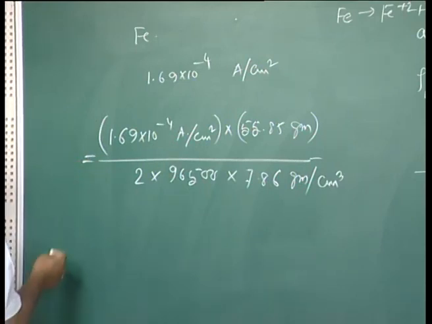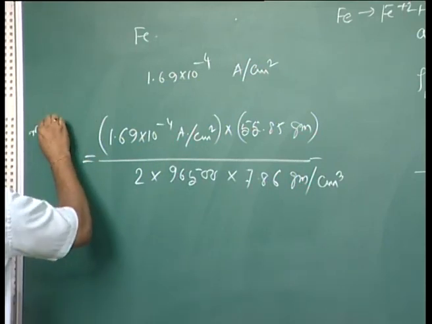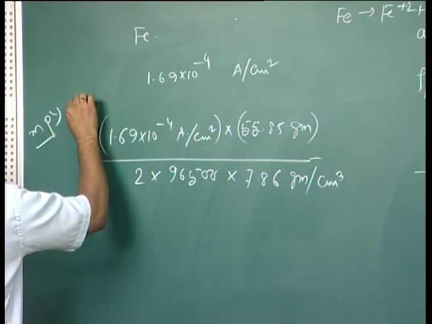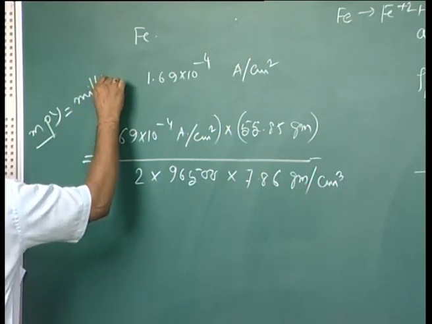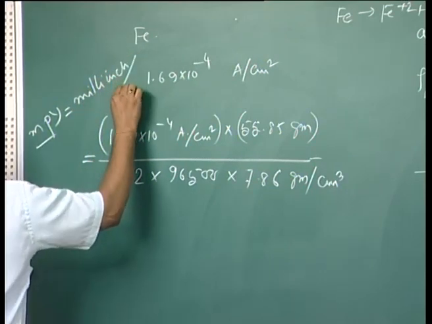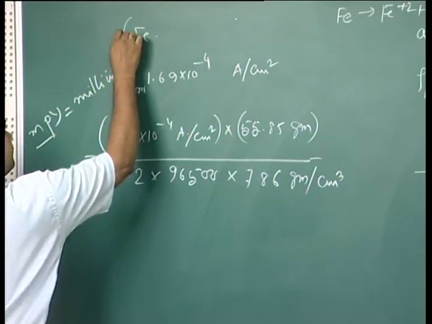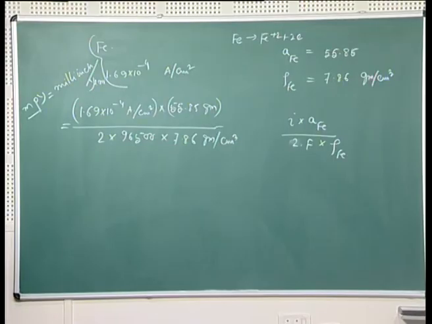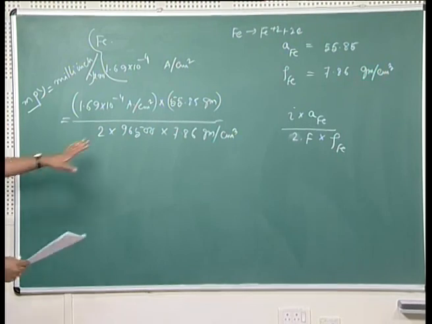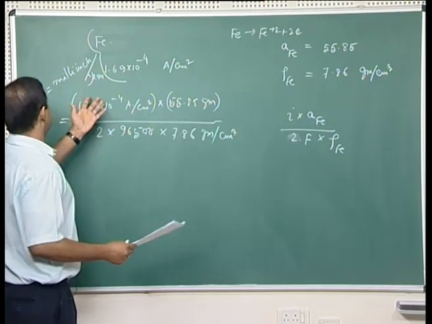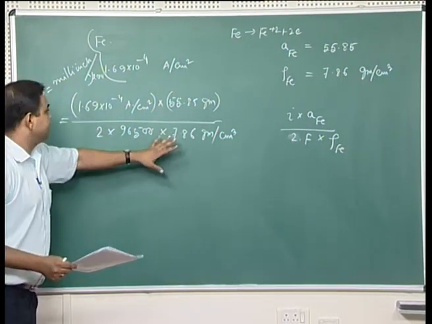So, we have to convert this into MPY, which is nothing but milli-inch per year. So, we have to convert all the things into milli-inch as well as the time part.